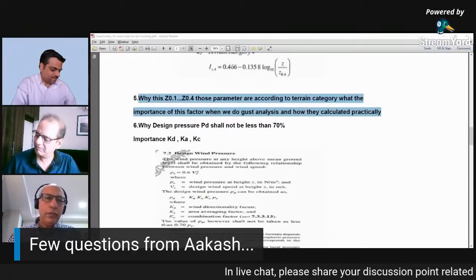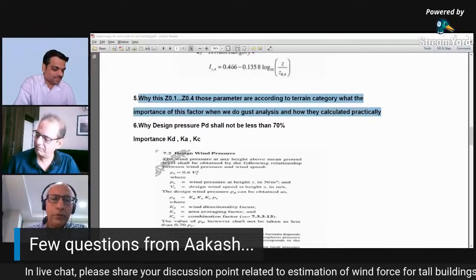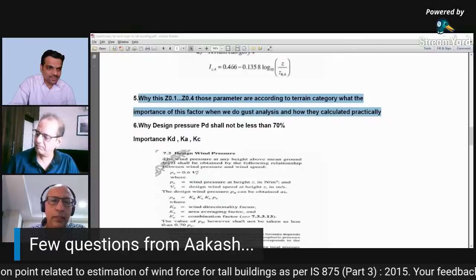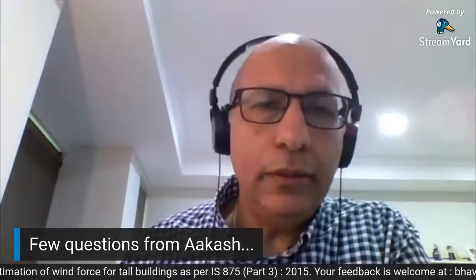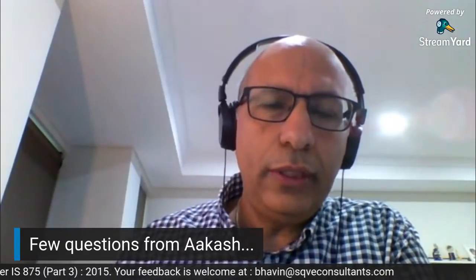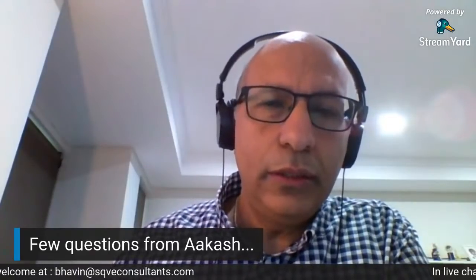You have movement over the sea. That changes the turbulence profile very much compared to, say, movement over a densely urban area. So the effective roughness length is very small when it's over the water.